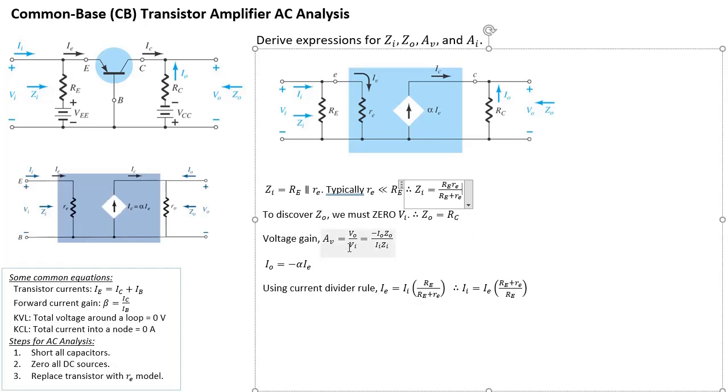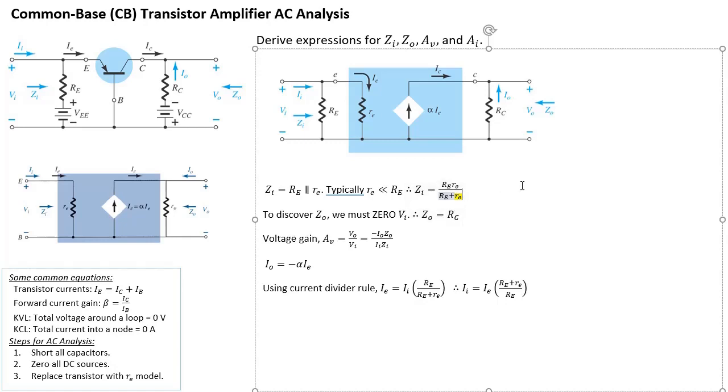So if little re is very much smaller than big RE, then the little re at the bottom there is going to be insignificant compared to the big RE, right? So a big number, that's capital RE, plus a very small number would make that expression at the bottom to be just capital RE.